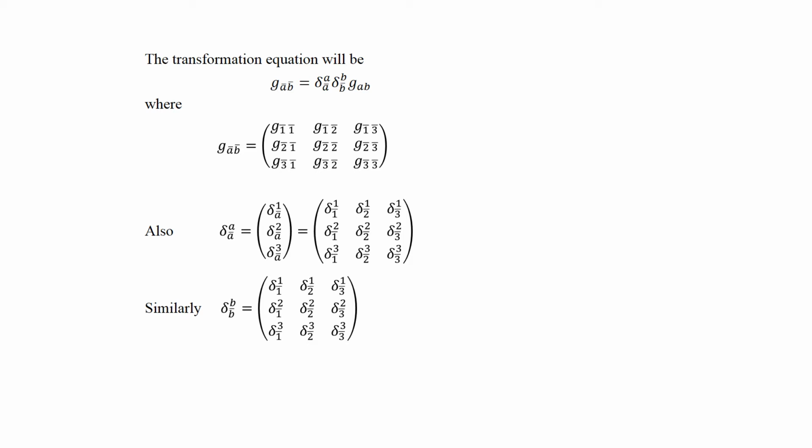Similarly, we can write this matrix for delta B, B bar. Actually A and B have no special meaning; we just write them symbolically here. These two terms are just for variation.